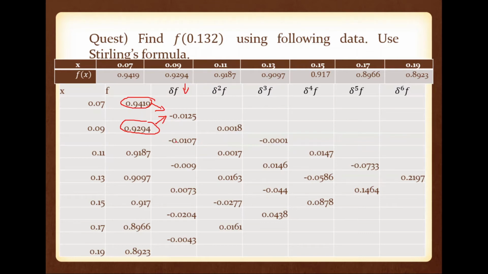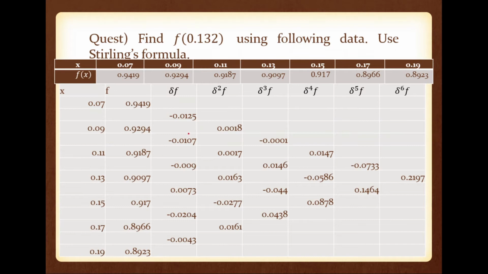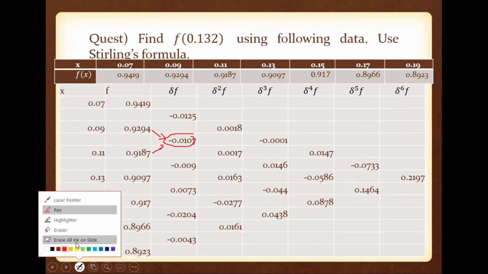Similarly, this one is the difference between these two data, that is minus 0.0107. Is it okay?